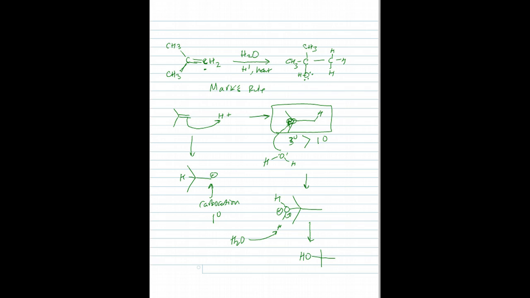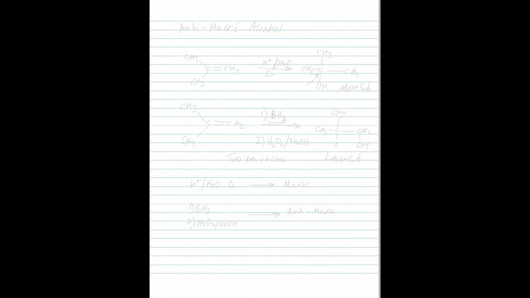The next reaction, so notice this is the way to make a Markovnikov alcohol. There's something called an anti-Markovnikov alcohol. So there's a way to synthesize the opposite. Just to show you the difference, if we added the acid and the heat and the water to this, remember the slash just means I'm adding both things to it.